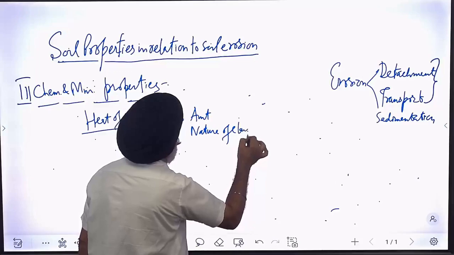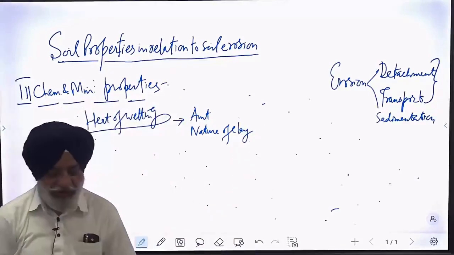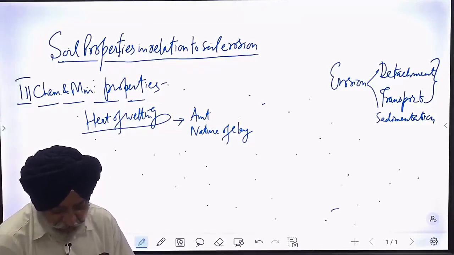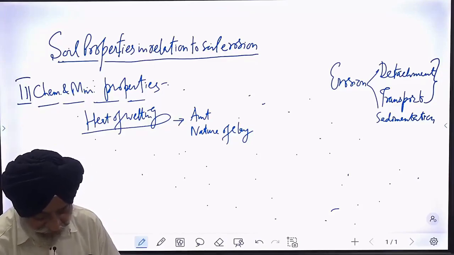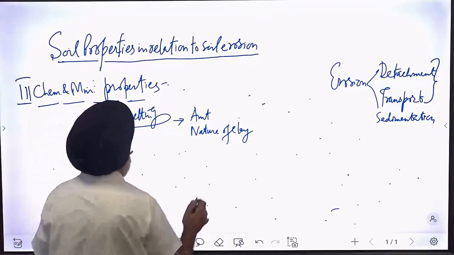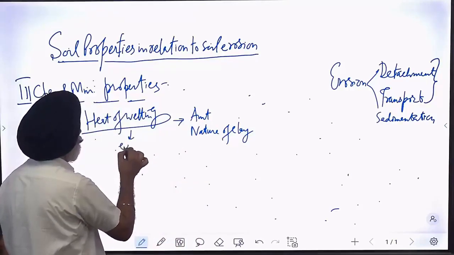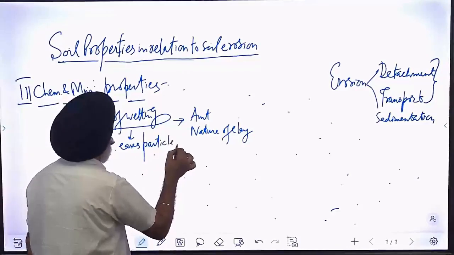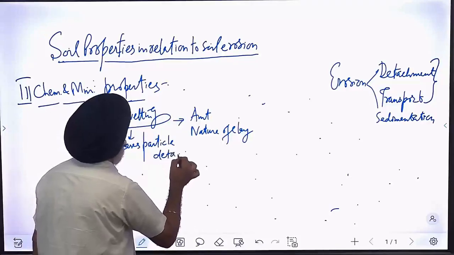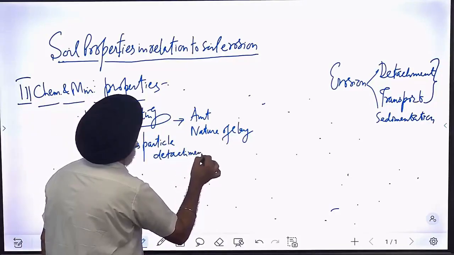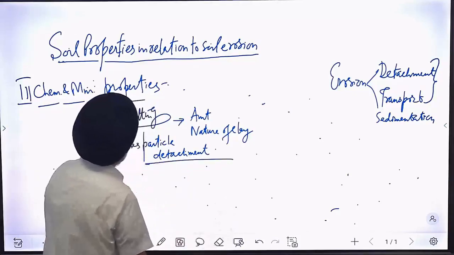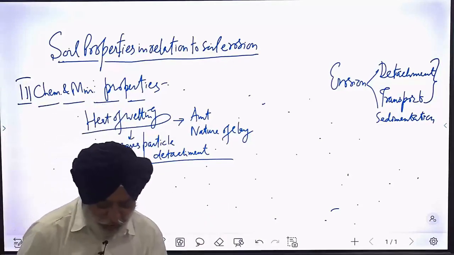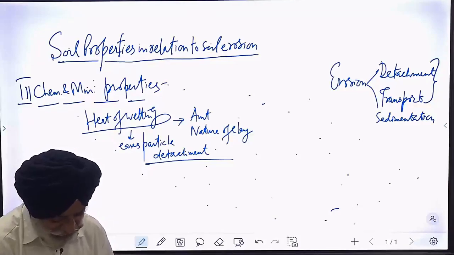This heat which is released has an important effect on soil structure and ease of particle detachment. So heat of wetting eases particle detachment. Again, this is basically an indirect impact on soil texture, and you can discuss this point in soil texture as well.